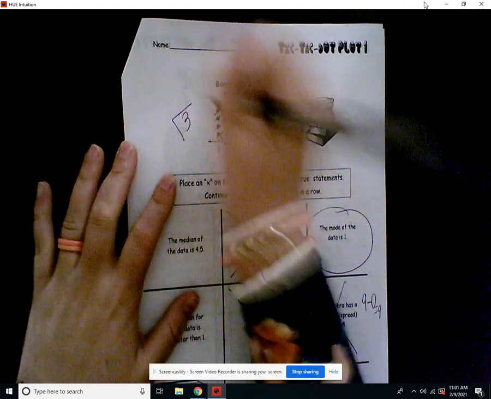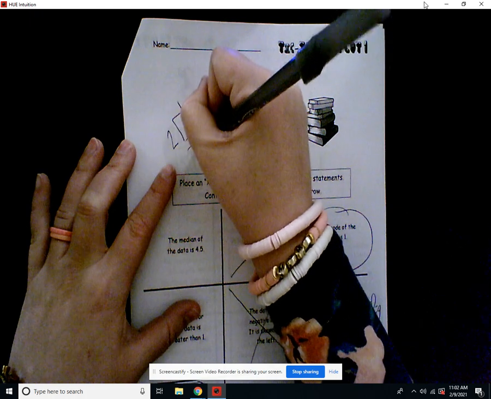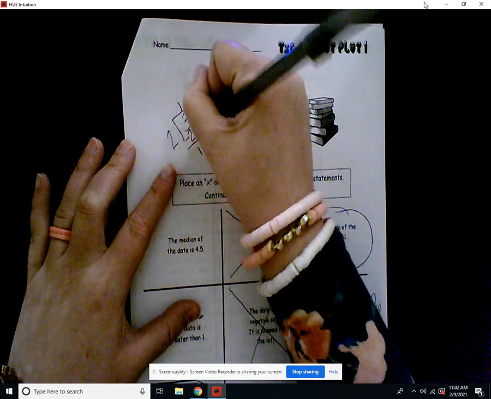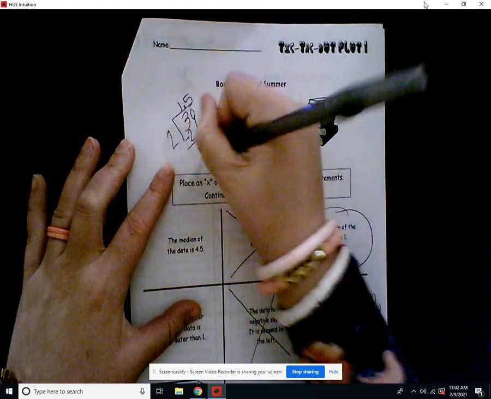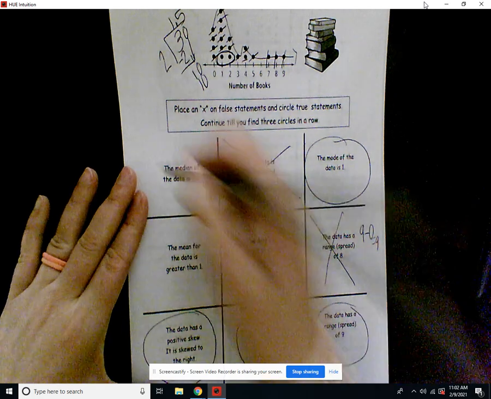So remember, we can add them up. So 1 plus 2 is 3. Then we'll divide that by 2. And then this is going to show us our number that is in the middle. And we get 1.5. And so our median is the one at the bottom.